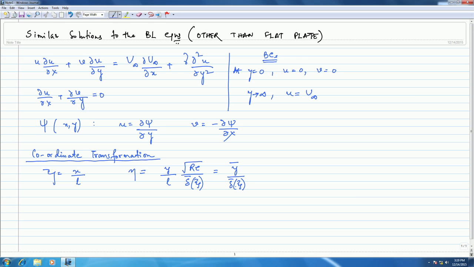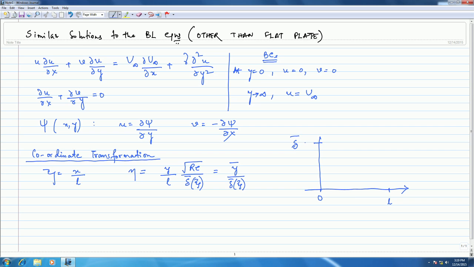Like I said, if I had a coordinate system like that, this is 0 to L, and this is 0 to delta bar.